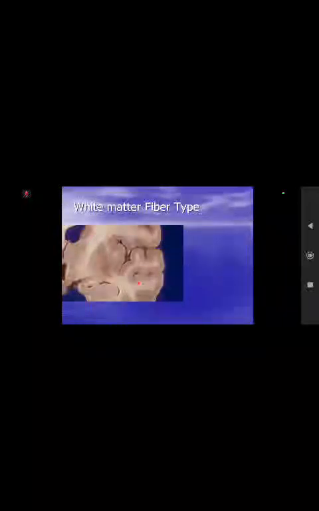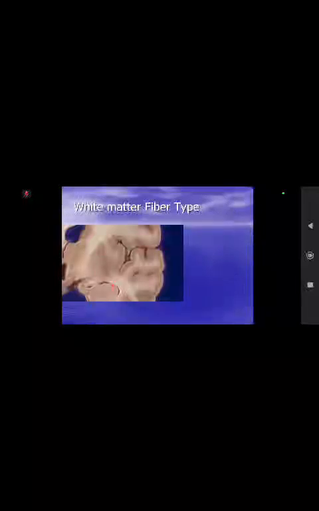At this stage, I'd like us also to look at this area here. You can notice this area is very thin, and this part contains a very thin rim of white matter and also gray matter. You can see a lot of gray matter here.